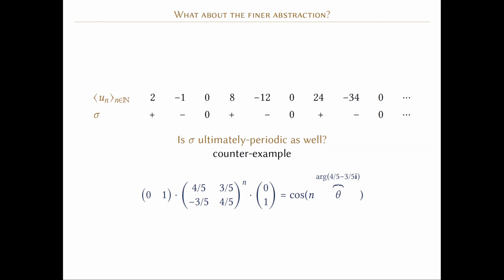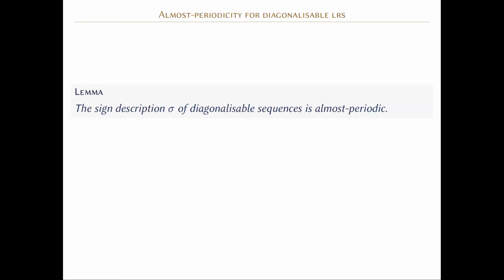But in our work, we show that we can weaken this notion of periodicity, but still maintain certain desirable properties. So what we show, the main lemma of our work, is that the sign description sigma of diagonalizable sequences is almost periodic. Almost periodicity means, suppose we have a sign pattern.